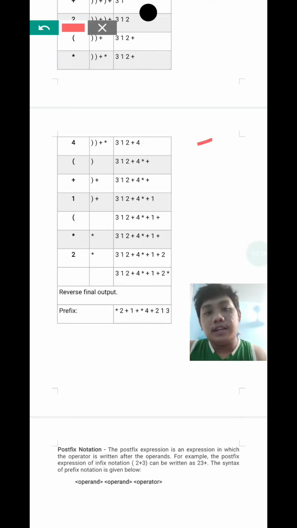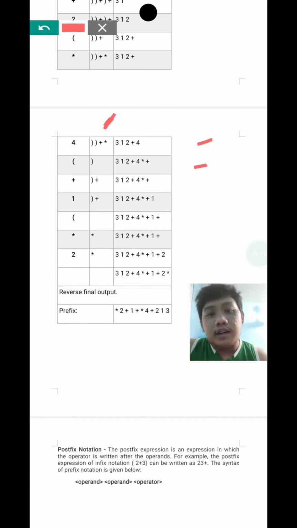Next character is another opening parenthesis. Since our stack has encountered an opening parenthesis, it will pop the stack until a closing parenthesis is encountered. So here what it encountered were the asterisk and plus symbol.